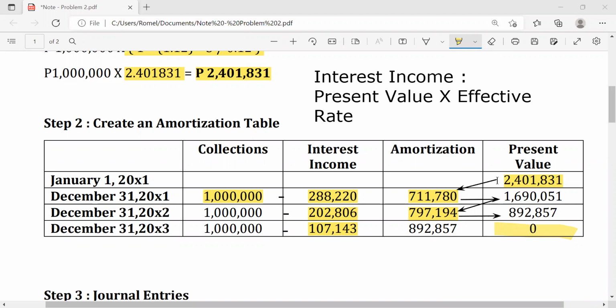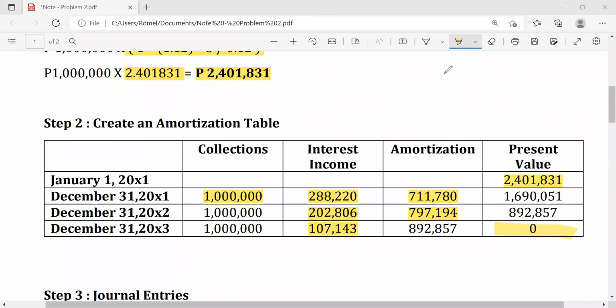So, when we deduct 892,857 to the same amount, the present value by December 31, 20X3 becomes 0. So again, if it is an installment payment of principal, at the due date or at the end of the term, the present value will be equal to 0. So that is the implication in the amortization table.